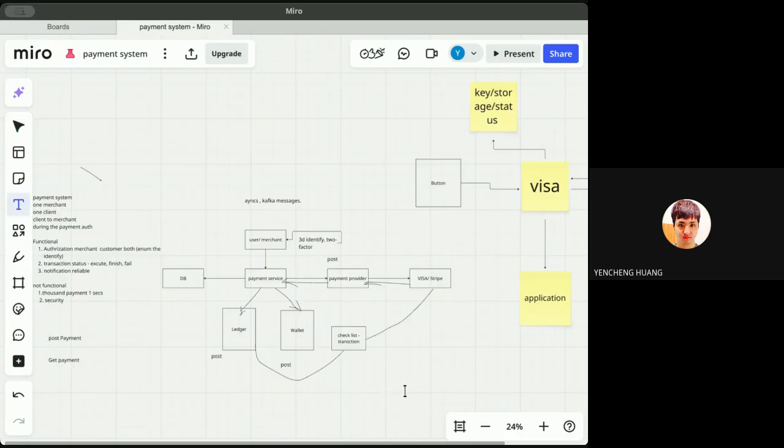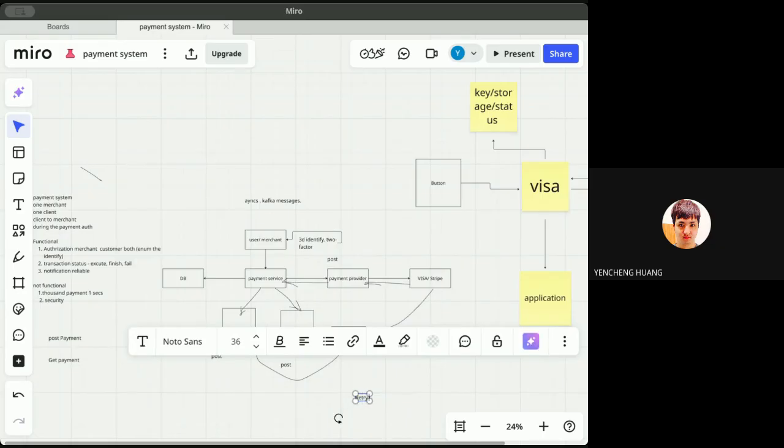Retry situation means when the payment sends a request to a provider, and if it errors, with inconsistent or time counter intervals, we will send another request. So I call it the retry situation.